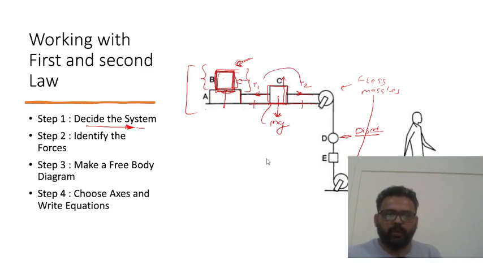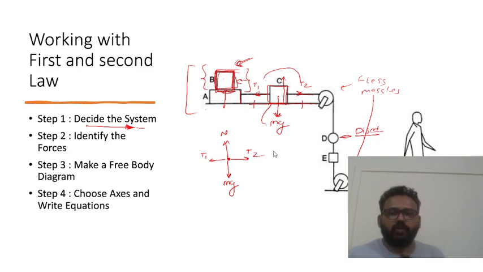Now what is the free body diagram of mass C? Consider that mass as a dot and draw the forces acting on it. This is mg downward, this is normal upward, T1 and T2.